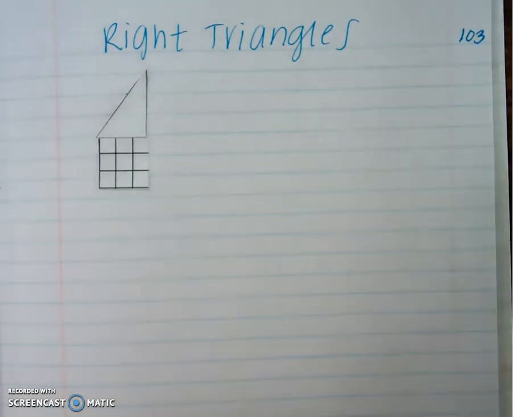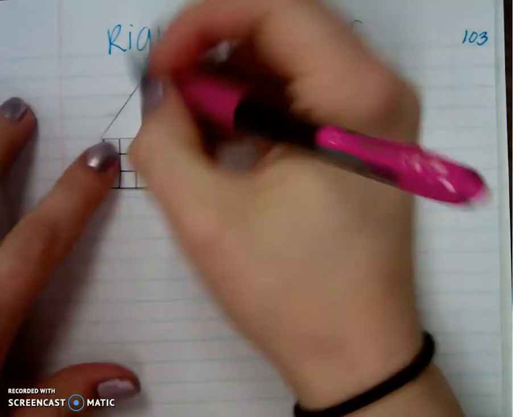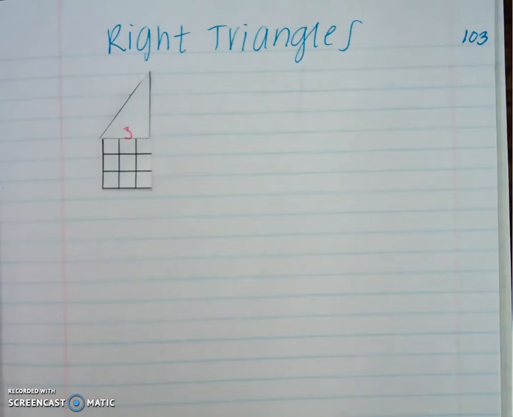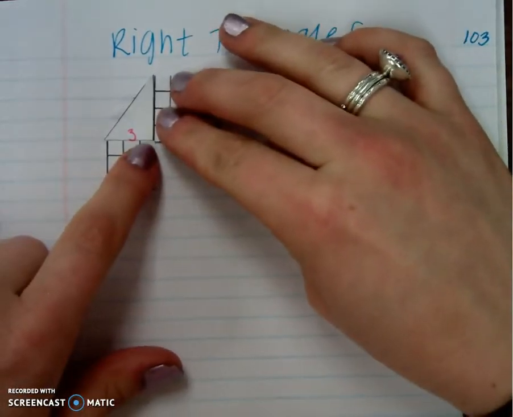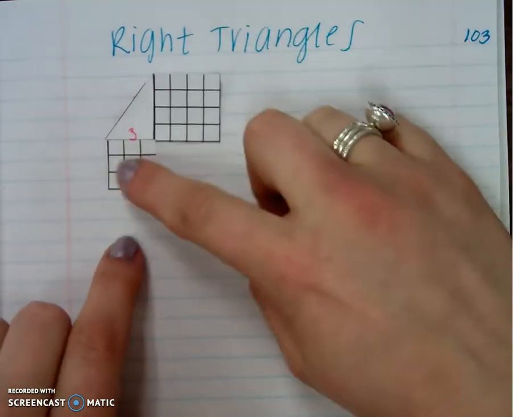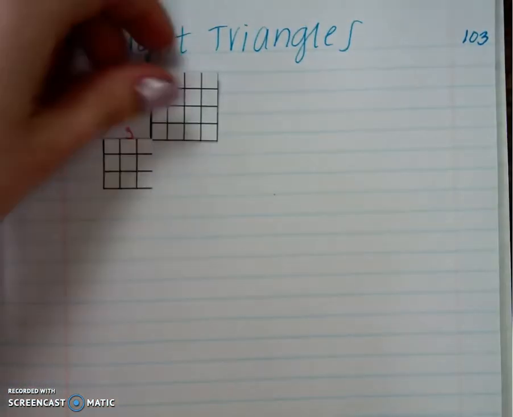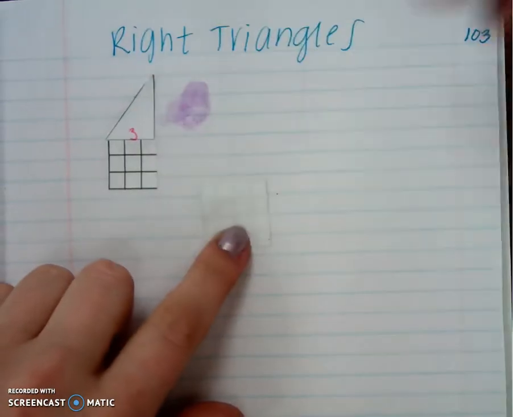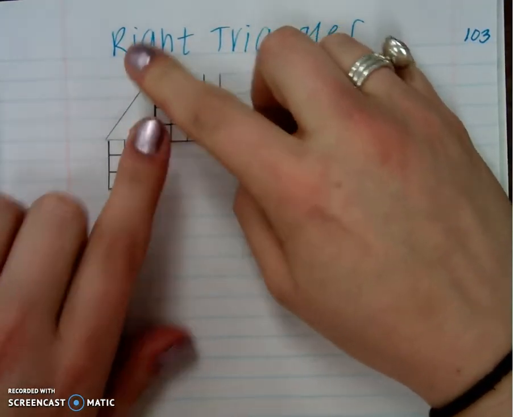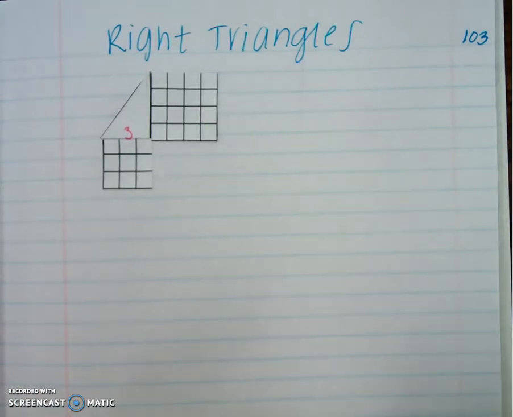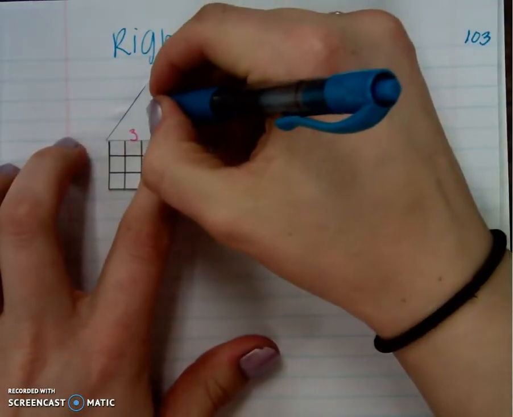Okay, so that was 3 units long. We also see that our other side of that right angle is 4 units long. So we're going to put our 4 by 4 coordinate grid there. Let's label that. That's 4 units long.